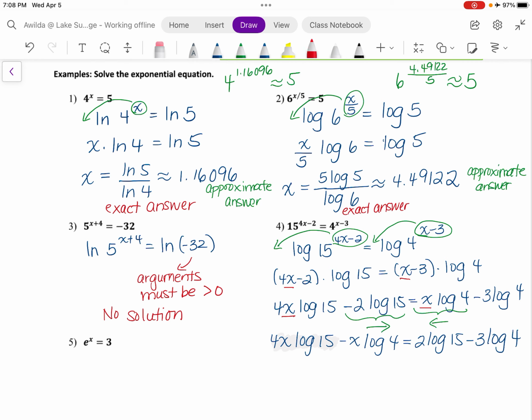Now the two terms that contain the x variable are together on the same side, and I can factor out x as the greatest common factor. So in the next step, I'm going to have x times 4 log 15 minus log 4 equals, and then the right-hand side stays the same.